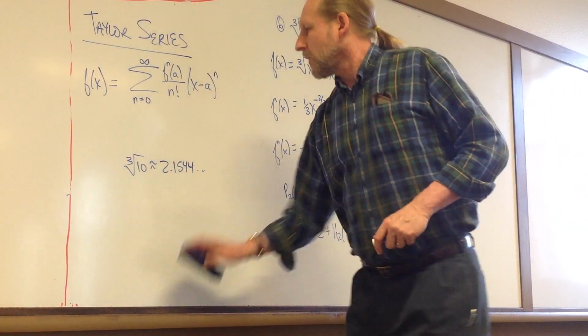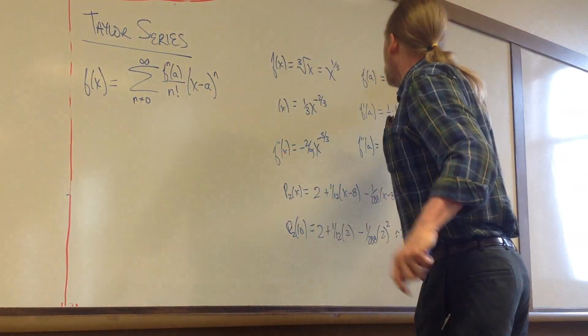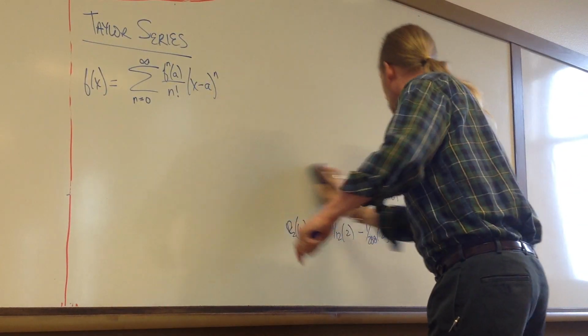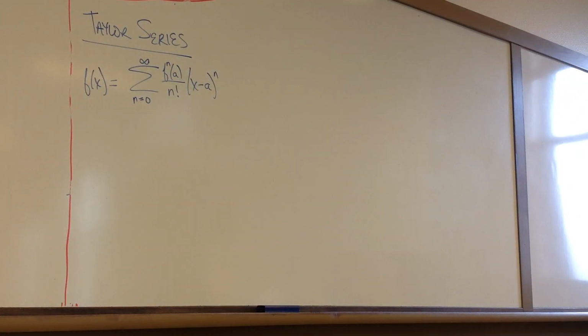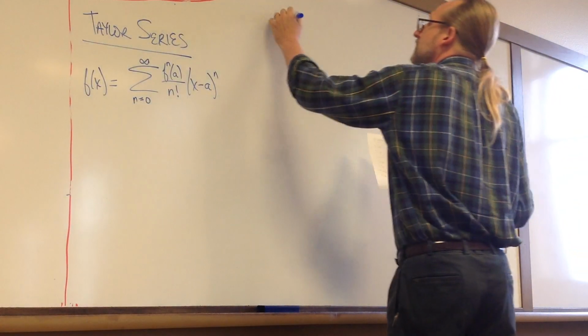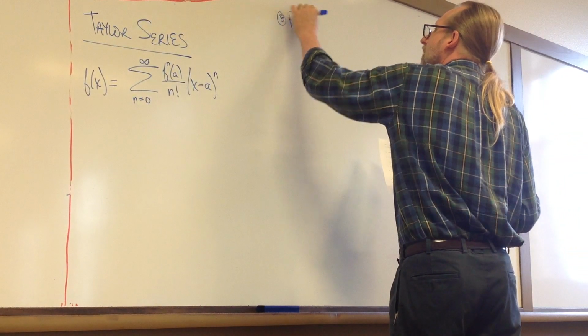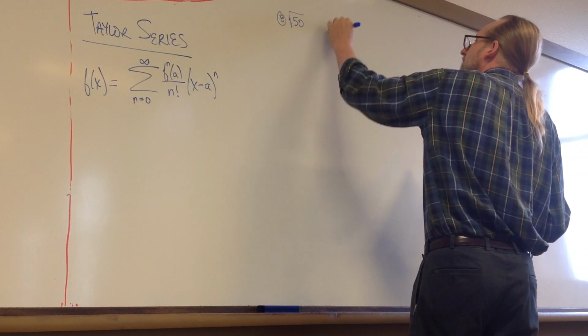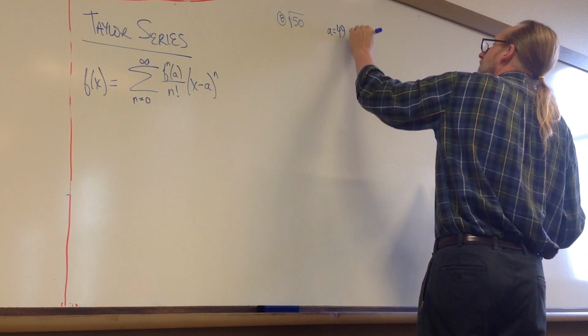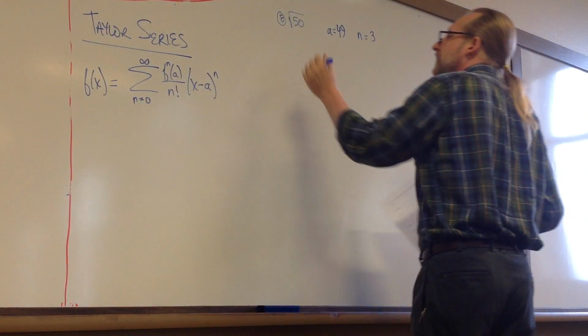Okay, let's look at one more here. Look at problem 8. Problem 8, square root 50, take a to be 49 and n to be 3.